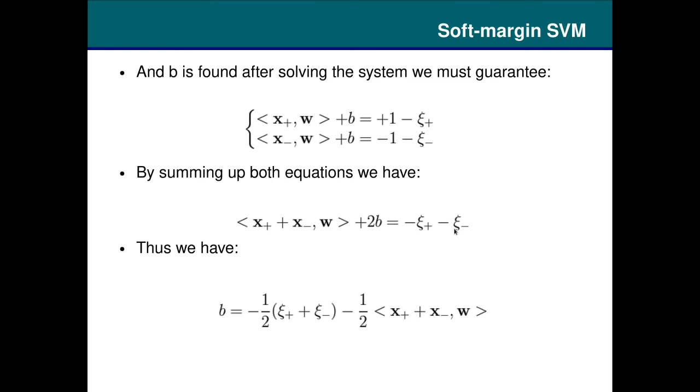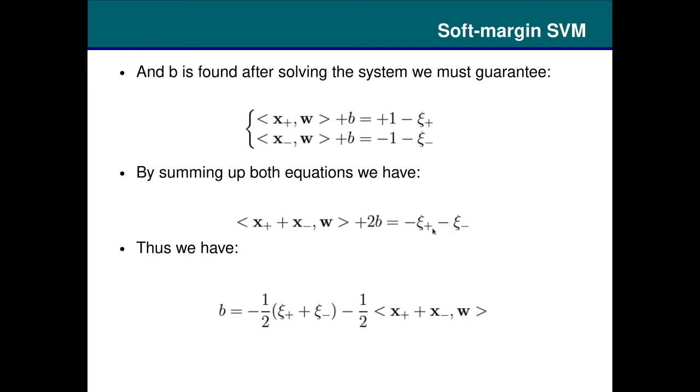Okay, and of course I can solve this for B, and I will have B equal to half of this and half of that. So B equals half of this and half of that with negative signs, just because this guy is going to go to the other side and this is negative, as you guys can see.